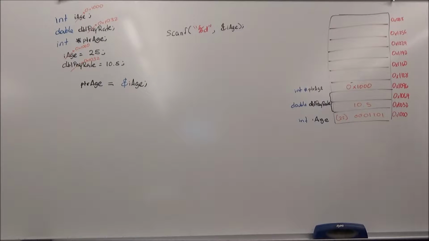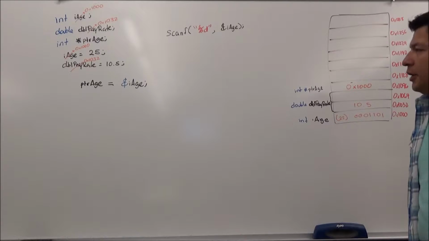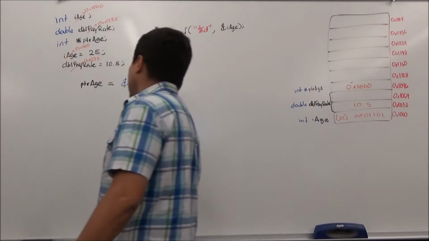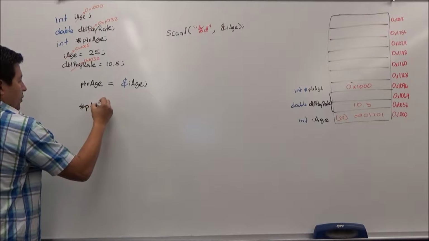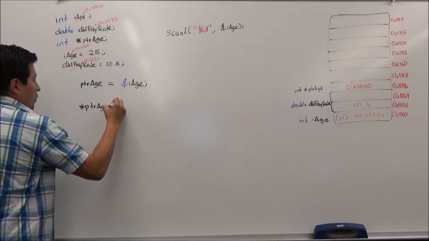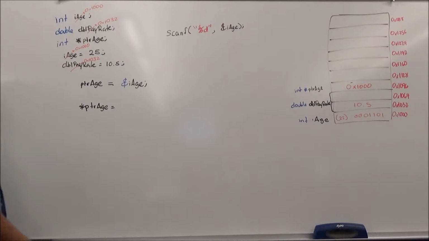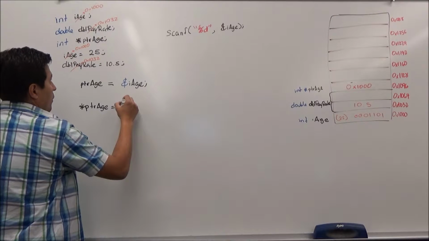So we want to change the value of H. Now I'm not assigning an address, I'm saying go to that address and then put the value 50.